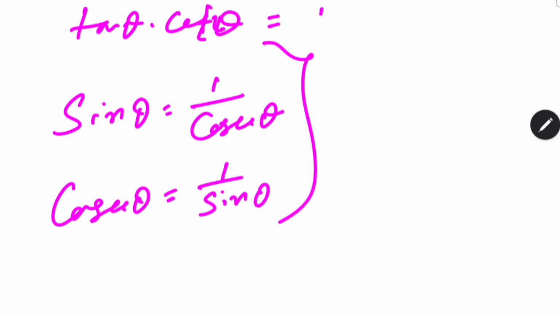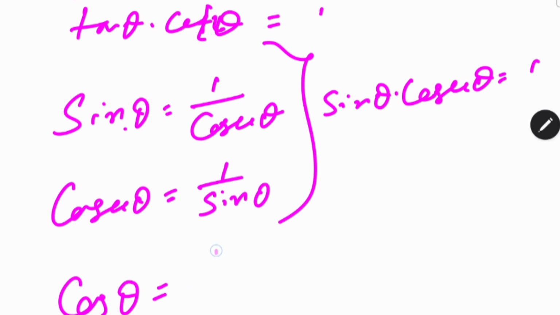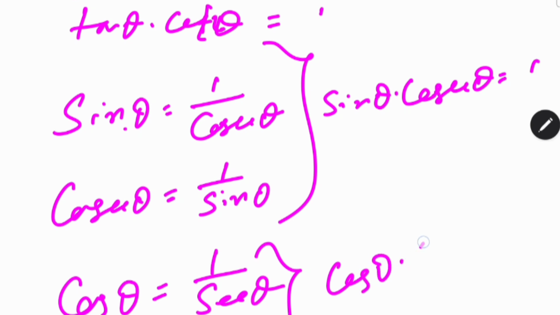So from these two, by cross multiplying, sin theta into cosec theta results in 1. In the same way, we know cos theta is equal to 1 by sec theta, and sec theta is equal to 1 by cos theta. By cross multiplication of these two, we get cos theta into sec theta equals 1.